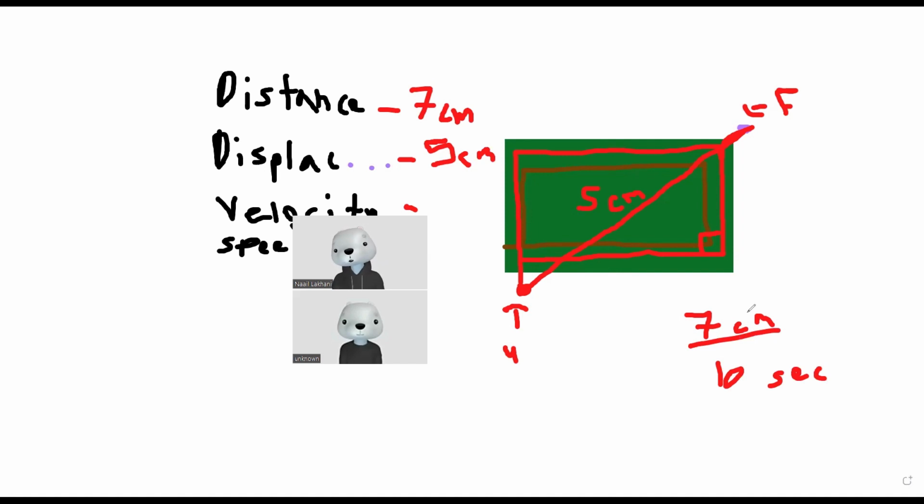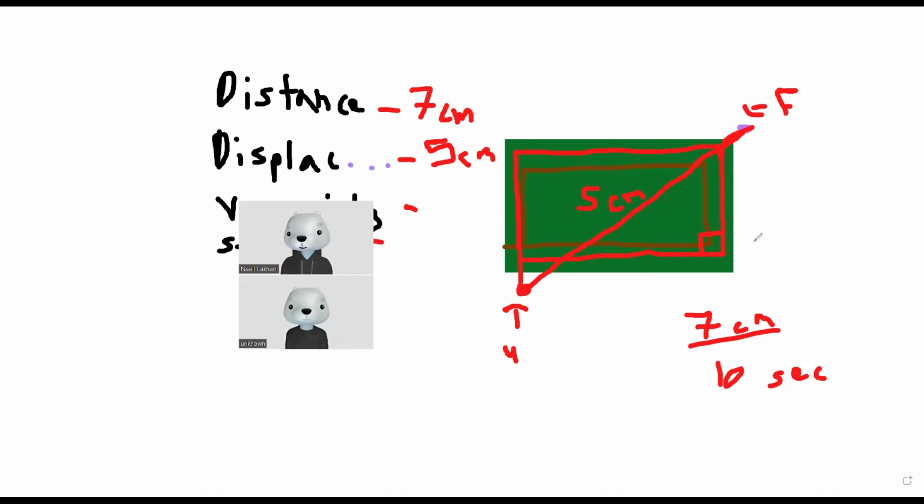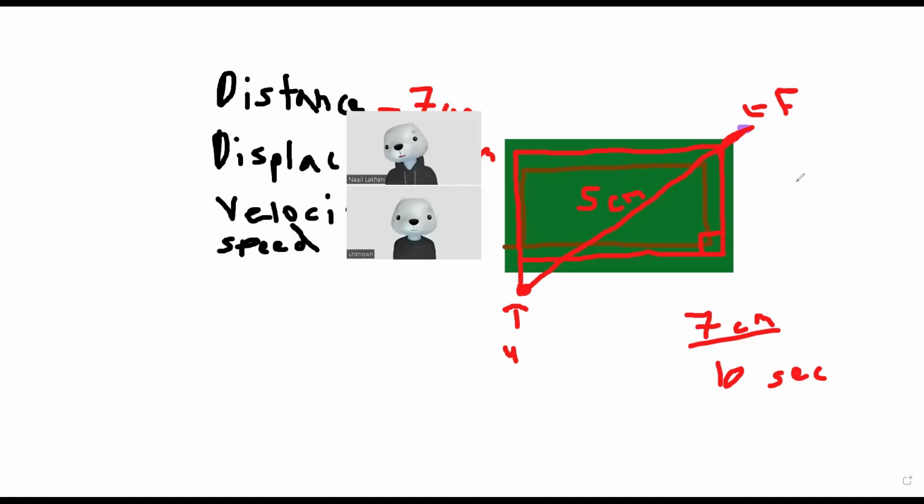Your speed is how fast you're walking, or how fast you're reaching your destination. To calculate speed, you take your distance, which is 7 centimeters in our case, and divide it by your time. So speed is basically a rate, the rate of distance to the time it takes you.